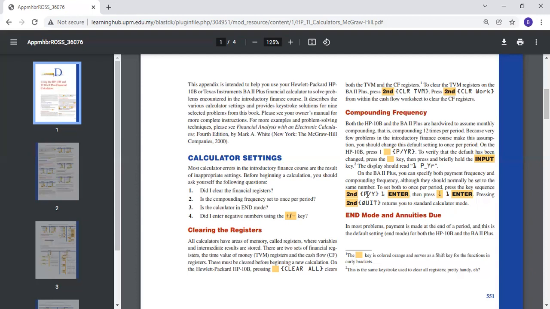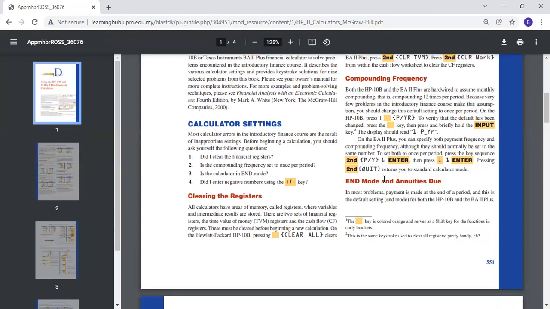When I press second function, P/Y, it shows me that my P/Y equals 1. So what do you have in your own case? 1. All right, so it is correct. If it is not 1, then you have to change it to 1. All right, so that is very important.